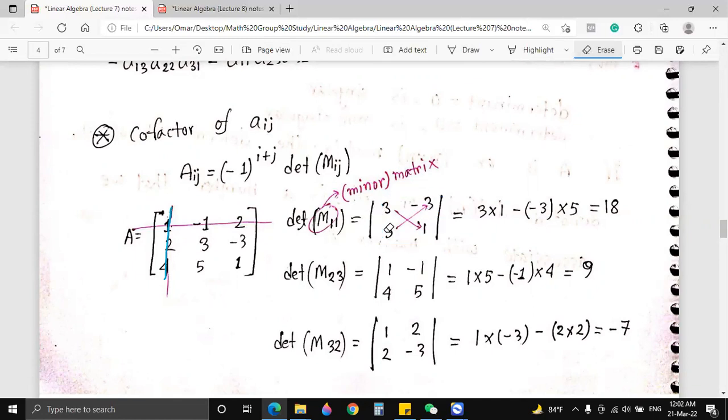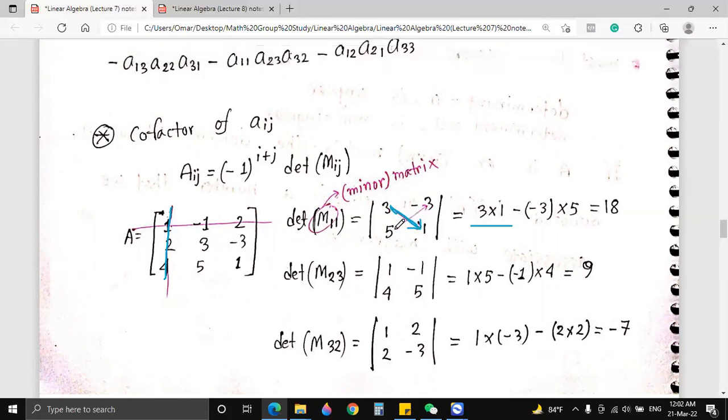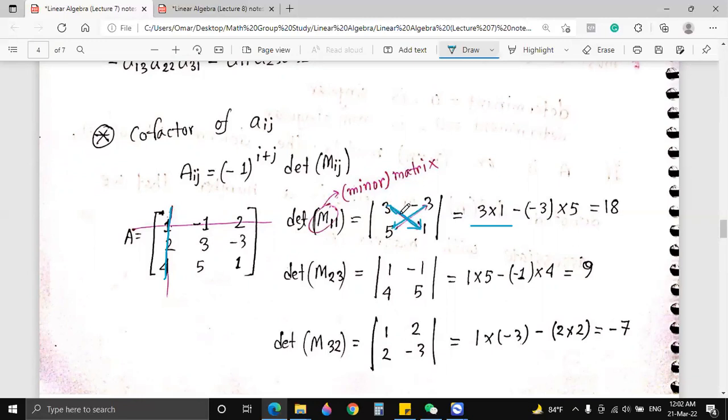And now you just multiply this way. From left to right, that means 3 multiply 1, and then from right to left, that means from up to down and then down to up.